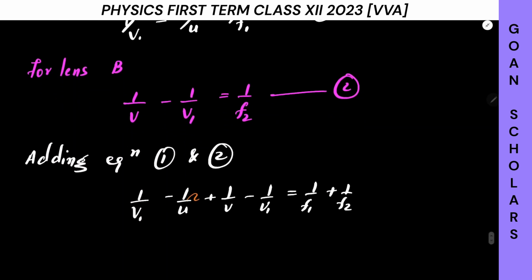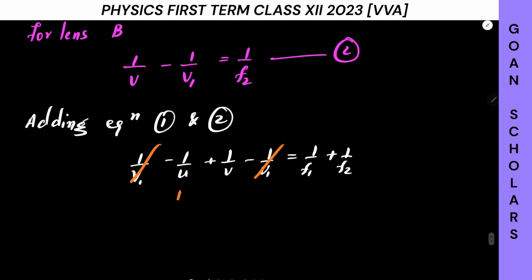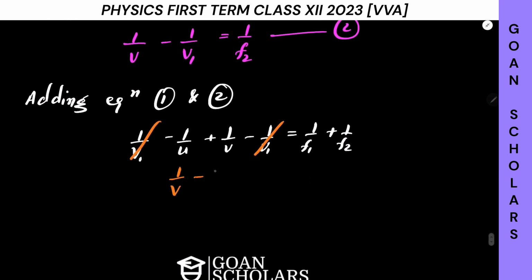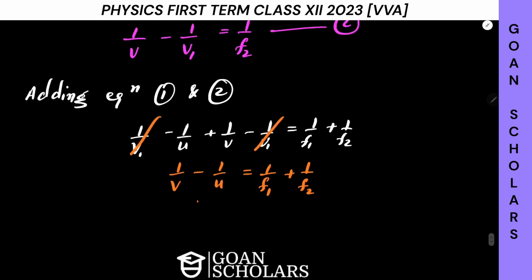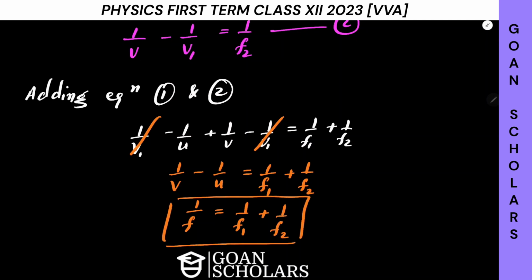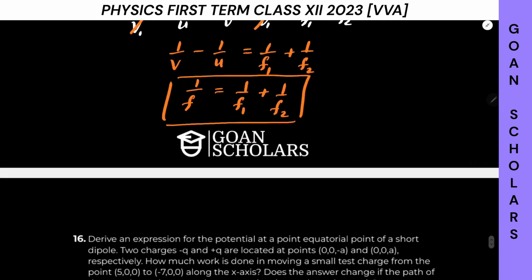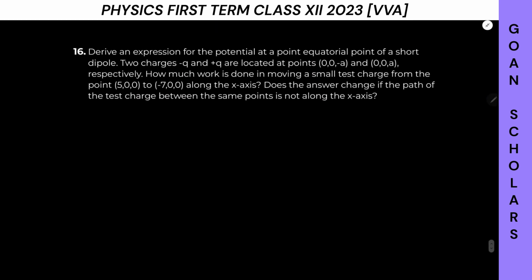These two terms cancel out, and we are left with 1 by V minus 1 by U equals 1 by F1 plus 1 by F2. And 1 by V minus 1 by U is our 1 by F. So 1 by F equals 1 by F1 plus 1 by F2. This is our final outcome. Clear? This was question number 15. Let's move to the 16th one.